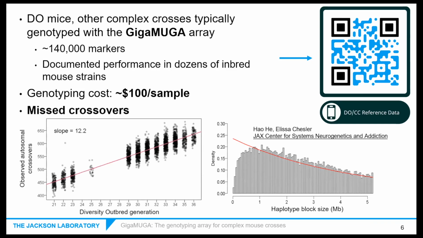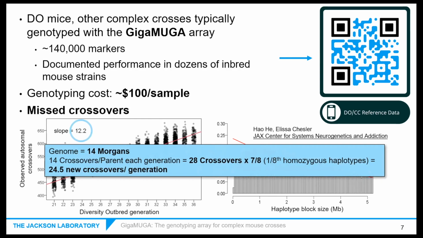And when we track those observed autosomal crossovers across multiple DO generations, we observe that we have approximately 12 new crossovers per generation. And some quick back of the envelope math indicates that that's about half of what we expect per generation. So what we're really interested in doing is capturing these missing recombination breakpoints.